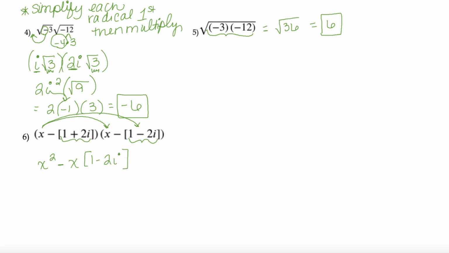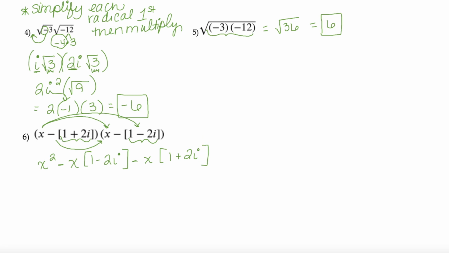Therefore, I'm going to get negative x times 1 minus 2i, which seems kind of weird, but hold on, see it out with me here. Now I'm going to take negative times x times 1 plus 2i, so I'll still have the negative x with a bracket 1 plus 2i.